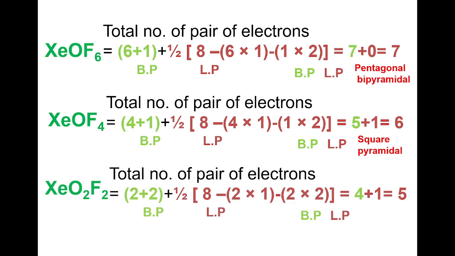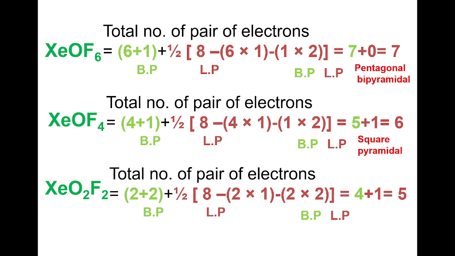Similarly, if you consider the structure of XeO2F2, total surrounding atoms 2 oxygen, 2 fluorine, so total surrounding atoms will be 4 and the total bond pairs of electrons will be 4. Then half of 8, xenon is the central atom, so the outermost electron of xenon 8 minus, for oxygen and fluorine you have to subtract separately, minus the fluorine, total number of fluorine 2 into valency of fluorine 1, minus total oxygen 2 into valency of oxygen 2.